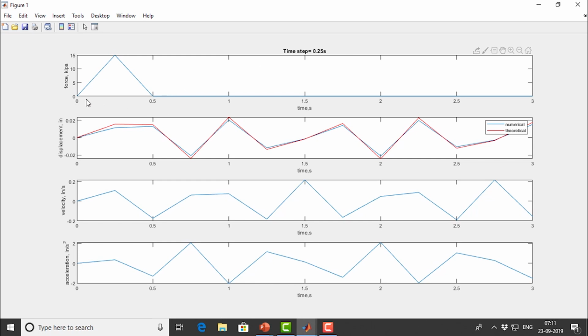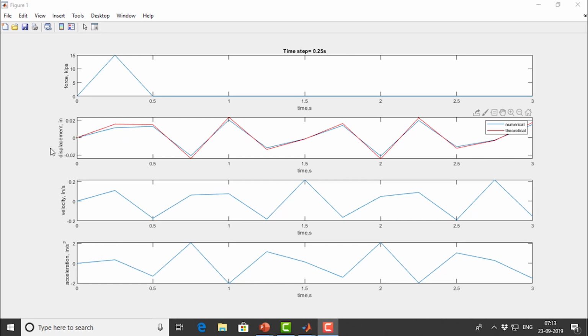Because the duration of the pulse was 0.5 seconds and we chose a time step equal to 0.25 seconds. So we will get only 1 point during the pulse, and the sine wave pulse will become distorted like a triangular pulse.